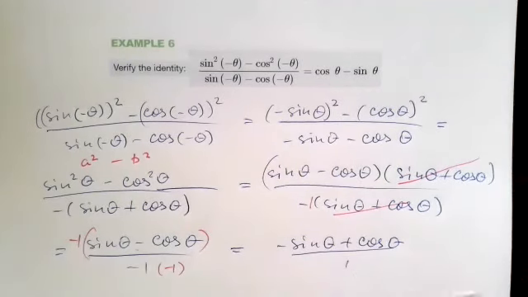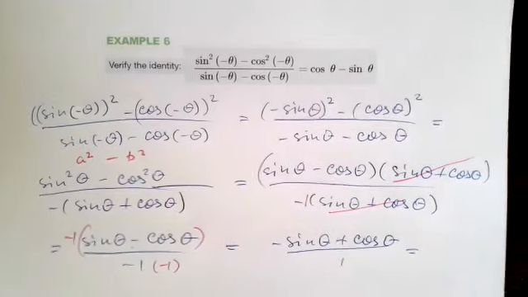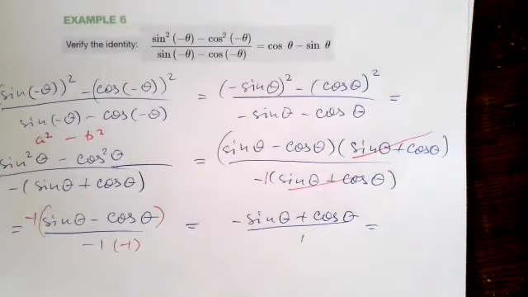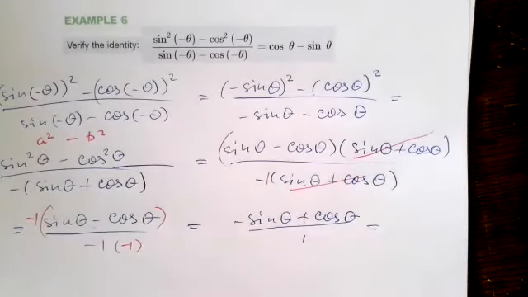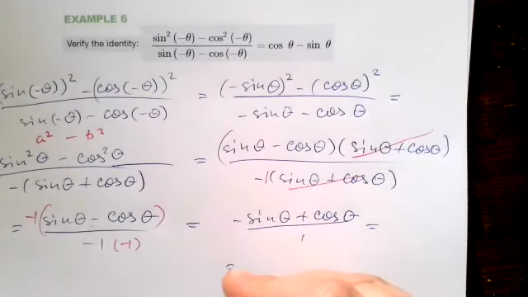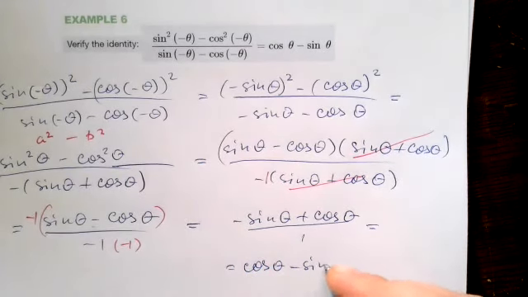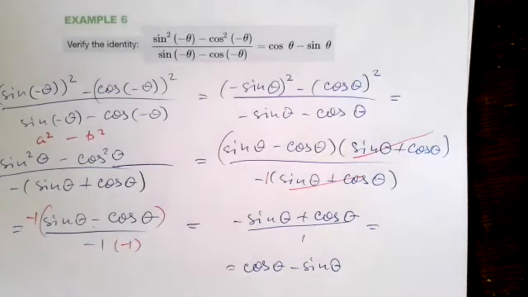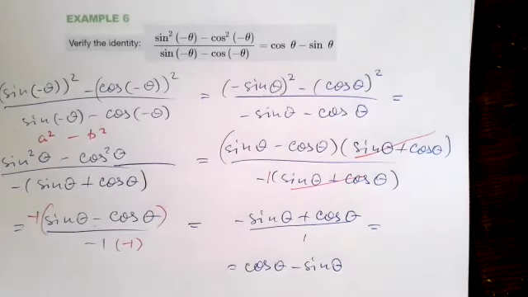Okay, now in order to make it pretty, I'm going to switch the terms. I'm going to put the positive term first, so cosine theta minus sine theta, and that's exactly my right hand side of the identity. So we did prove it.